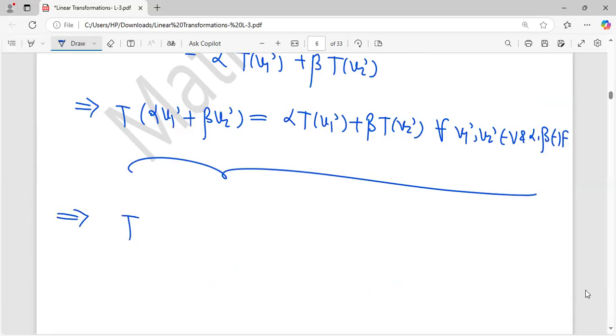This means T is a linear transformation.